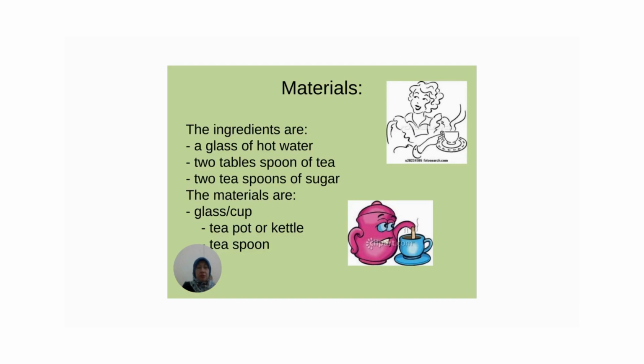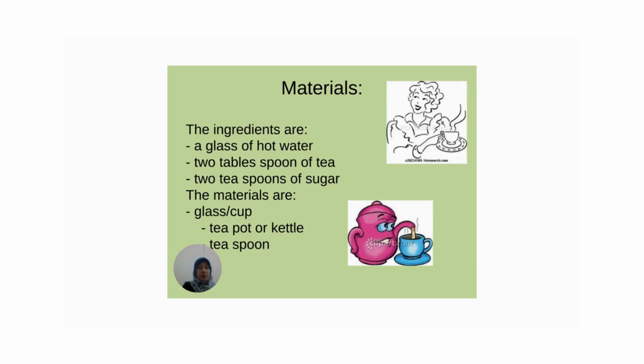Next, the example of the materials. We can write it with the ingredients. How many ingredients do you need to make a cup of tea? For example, a glass of hot water, 2 tablespoons of tea, 2 teaspoons of sugar.